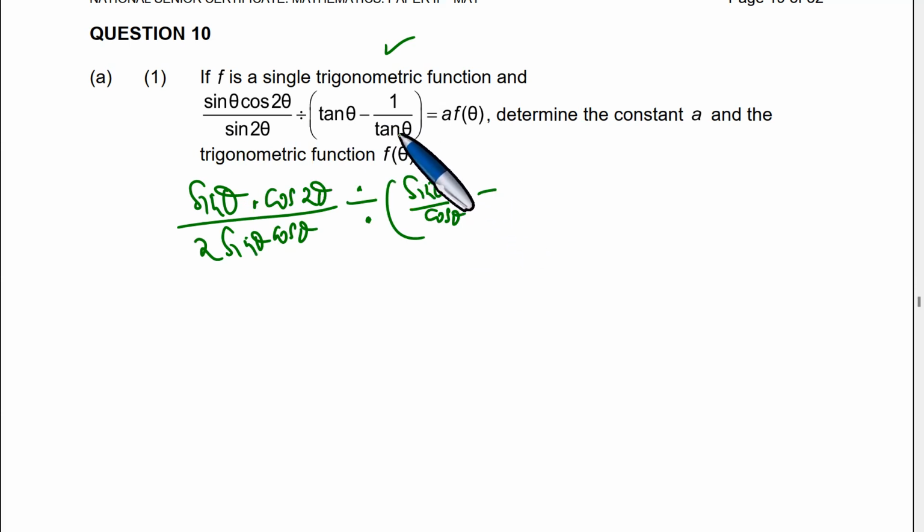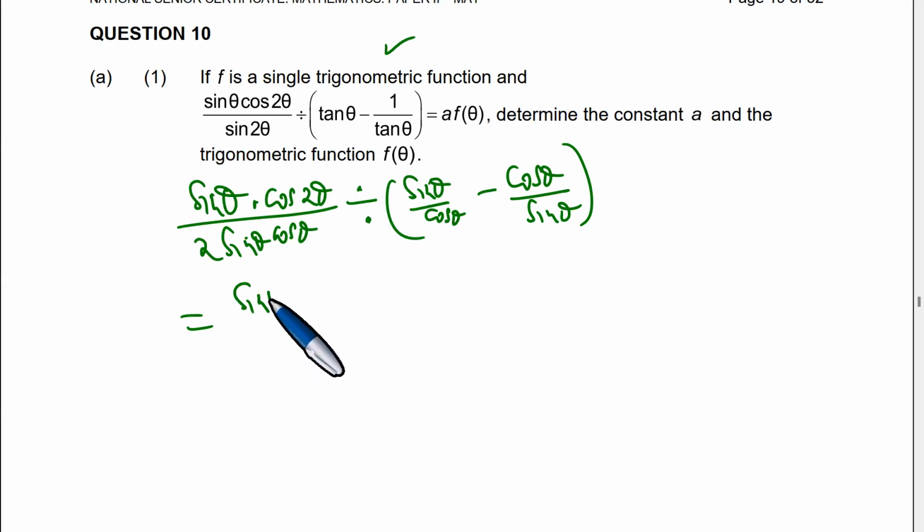The tan is sine over cosine, but it's 1 over, so it becomes cosine over sine theta. What is this? This is exactly the sine of theta cosine 2 theta divided by 2 sine theta cosine theta.